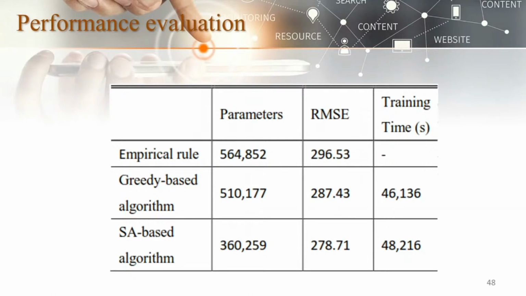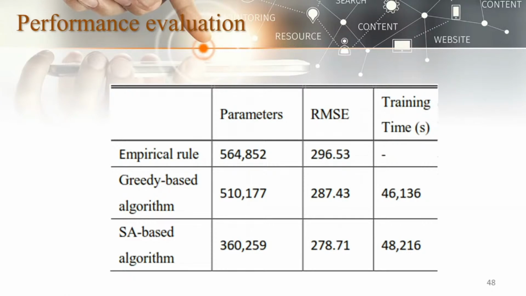There are many hyperparameters that need to be adjusted in a deep learning model, but the empirical rule is difficult to achieve good results. The simulated annealing-based algorithm can search for better hyperparameters, but the search process requires additional training time.